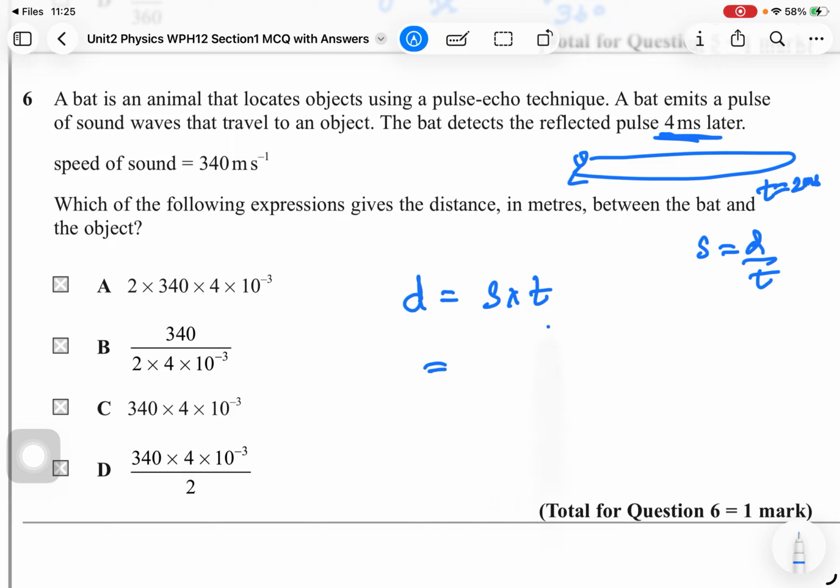The speed is 340 and the time is 2 into 10 to the power negative 3. There is no such option, but instead of 2 they have taken 4 into 10 to the power negative 3 divided by 2. Either one is the same, so the answer is D.